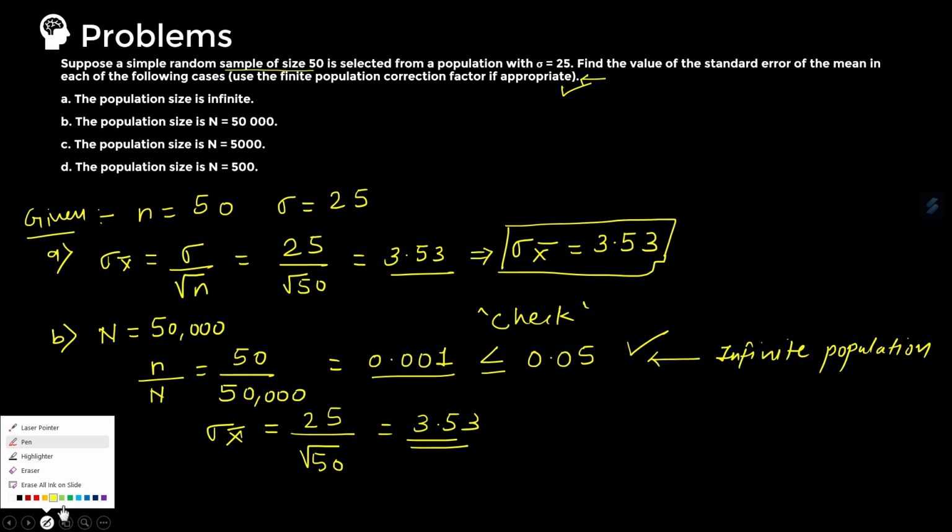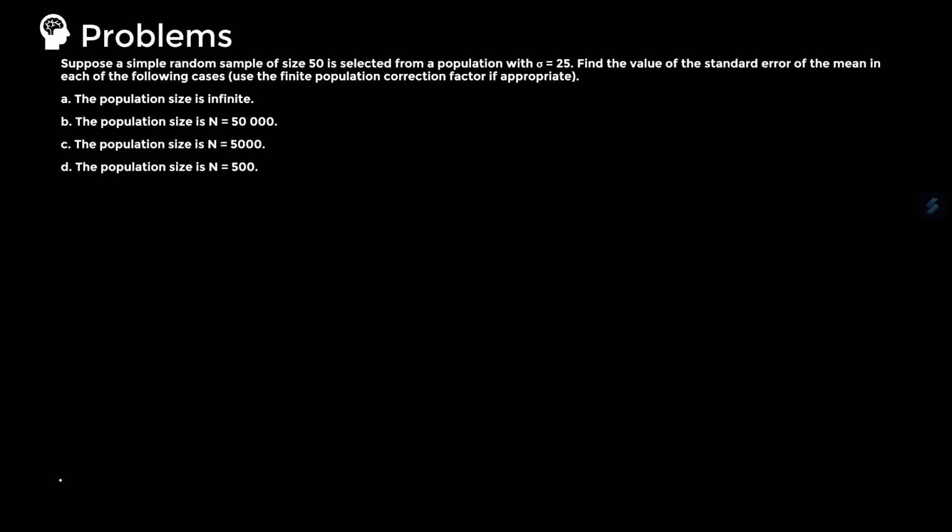Okay, so let's solve another case. See, now the population size has been given as 5,000. So let's check this with the help of population correction factor. What we will do, we will use the sample and divide it by population size. So our sample is 50 and our population size is 5,000.